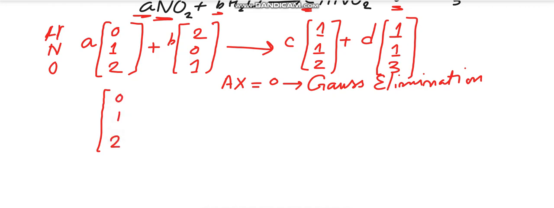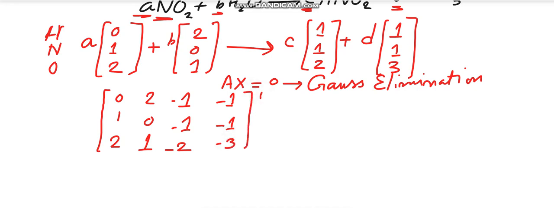So if I write it in the form of a matrix, I will have 0, 1, 2, which is the first vector, then 2, 0, 1, second vector, then 1, 1, 2. Now you will see I will add the minus sign before them because I have taken them from the product side to the reactant side. All right.